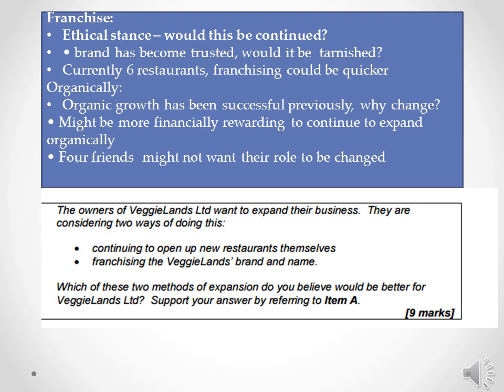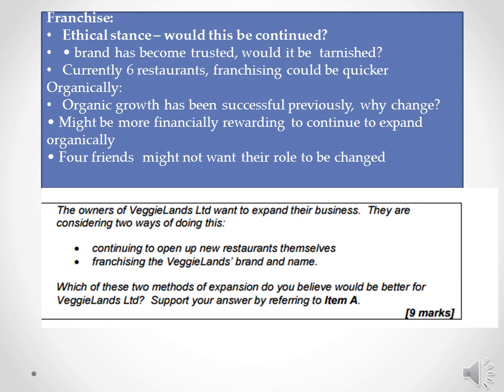You're not just talking about, okay, with a franchise, people would come on board that have different opinions, you're not directly controlling the branches. That's a generic explanation. But if you're talking about they have 4 friends in place, that links to the case study. Those friends might not want to change their role because you're then explaining it in relation to the case study. If they were going down the franchise route, they are an ethical business, so if they went down franchising, would this be continued?